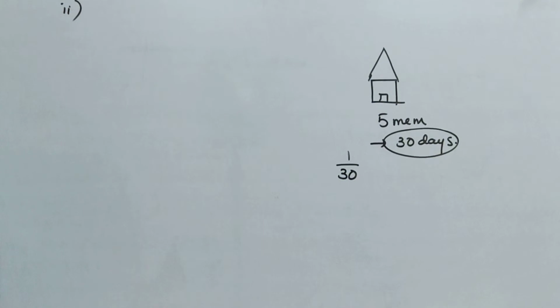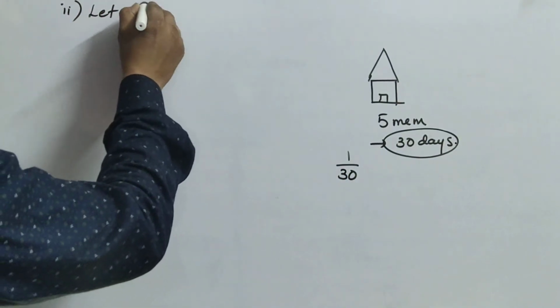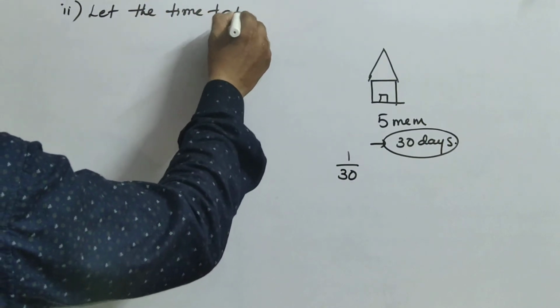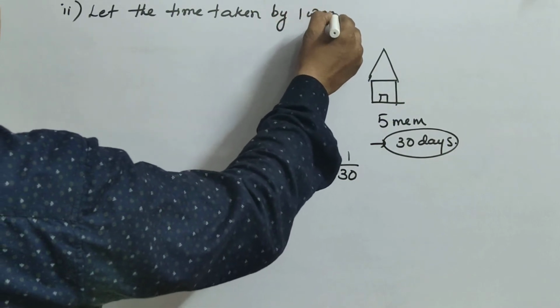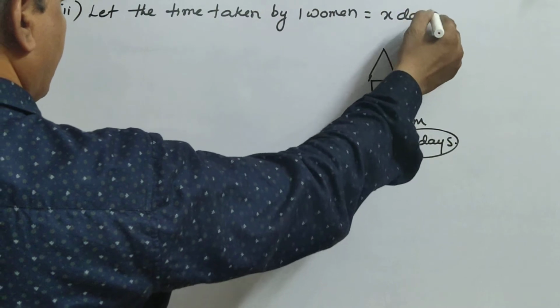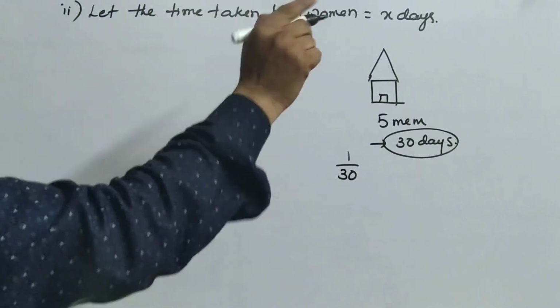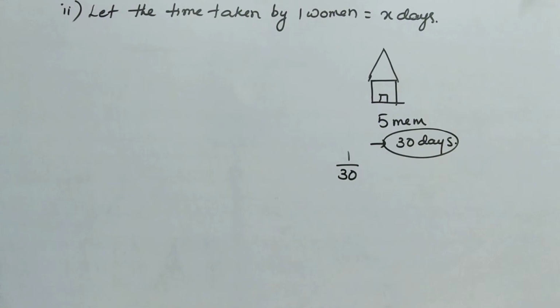So here, let the time taken by one woman equal x days. So let the time taken by one woman alone, means alone, single, one woman alone can finish the work in x days. Okay.